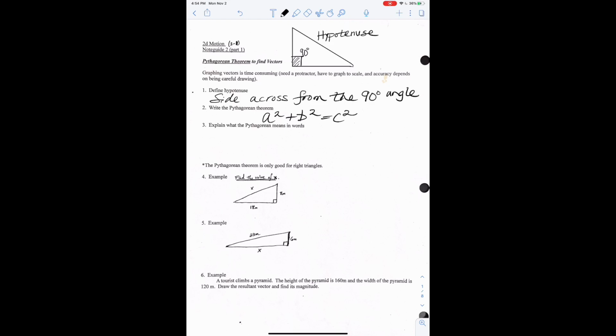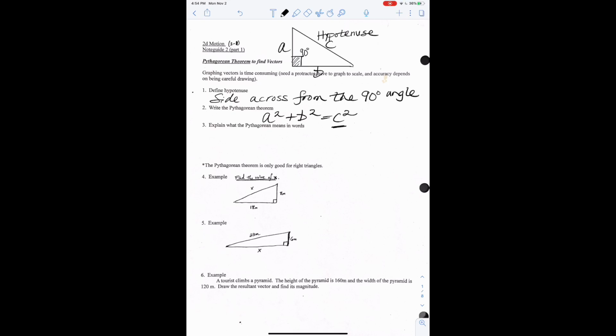Where students sometimes have trouble is that they remember that, but they forget the fact that c has to be alone. So c is always the hypotenuse. When you write the Pythagorean theorem, c always gets to be alone on its own side because it's the largest side of the right triangle.